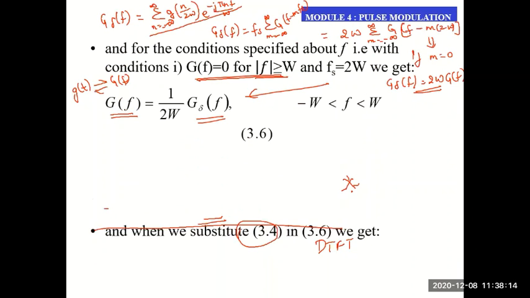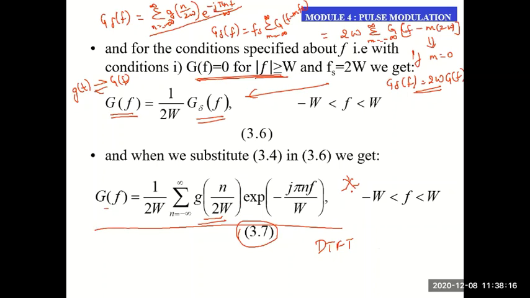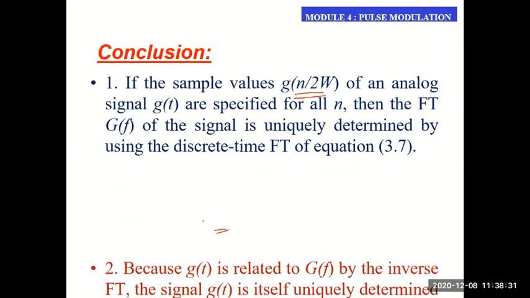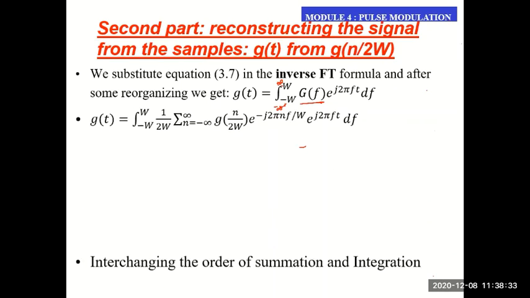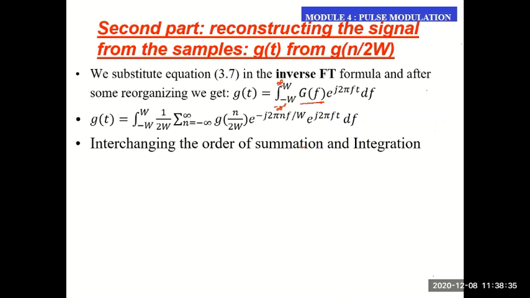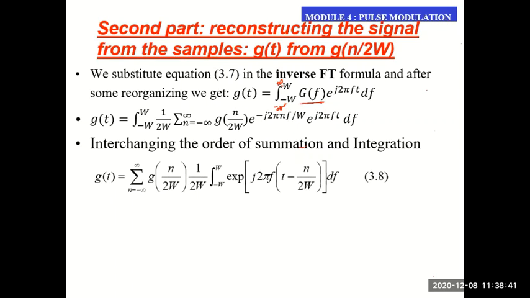What was the expression for g of f we got? 1 by 2w summation g of... the exponent is j pi nf by w, but that was not what was given in the reconstruction part. It is given as 2 pi nf. The 2 is not there. Remove that 2.